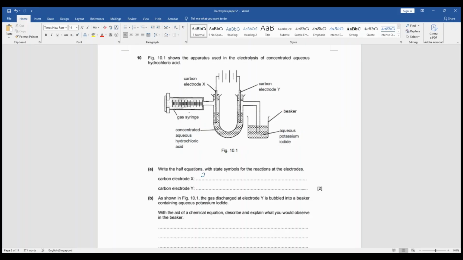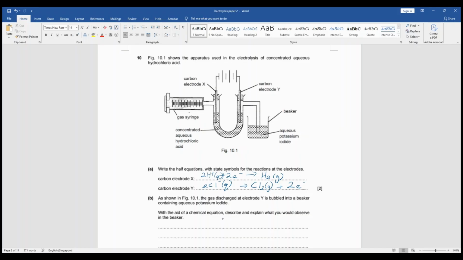So 2H+ + 2e- gives you H2. To be safe, write in the state symbols as well. At the carbon anode, because it's concentrated, chlorine is going to come out. Okay, half equations done.